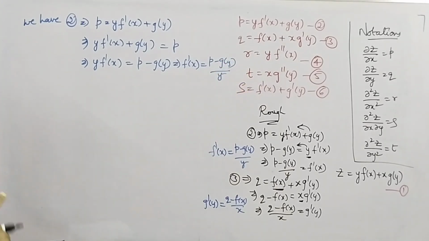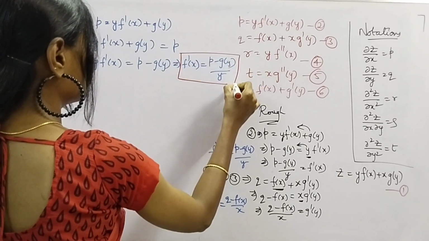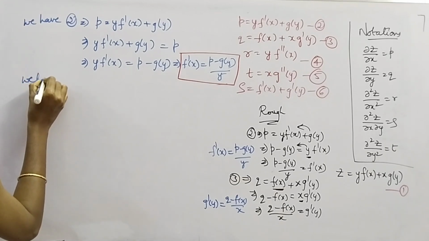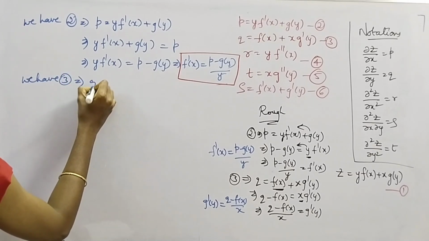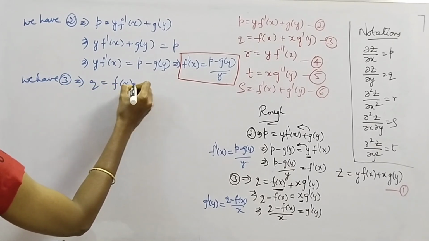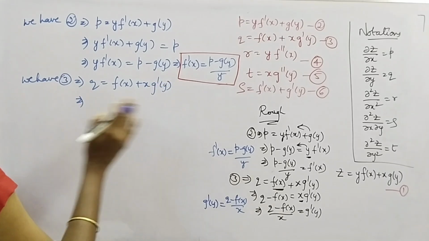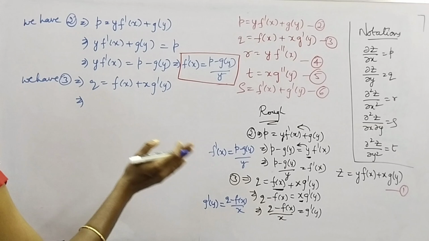Great. Now I'll utilize it. Fine. Now I'll go for equation 3. Already we have done this in the rough work. If you want, you can just skip this part. Just move the video.